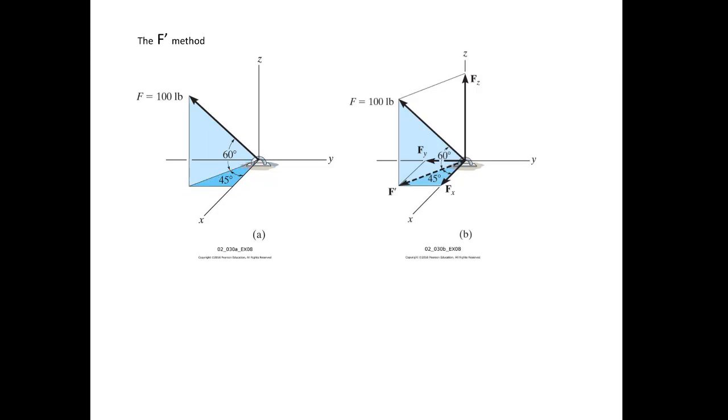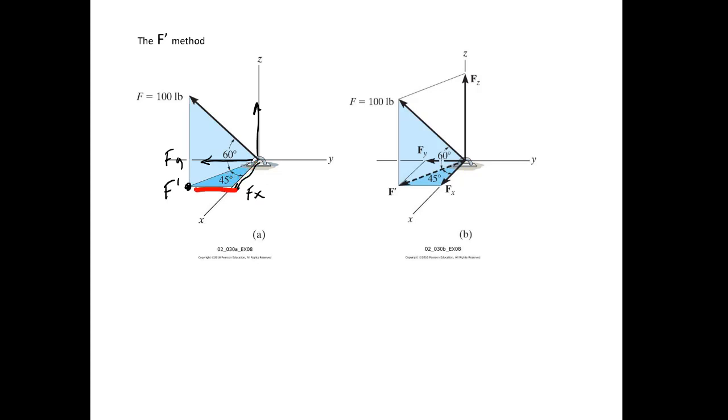So we'll call this the F prime point right there. Then Fx is in this direction, and Fy is in this direction, then Fz is in this direction. Once we find the value of F on the xy plane, then we'll say that Fx is equal to the cosine of 45. In other words, here's the 45-degree angle.